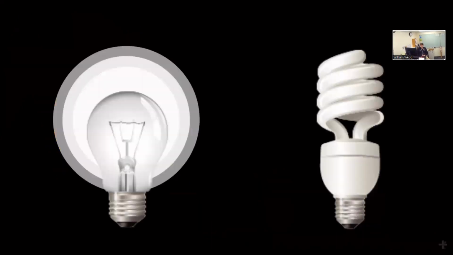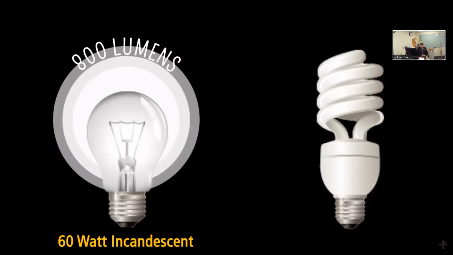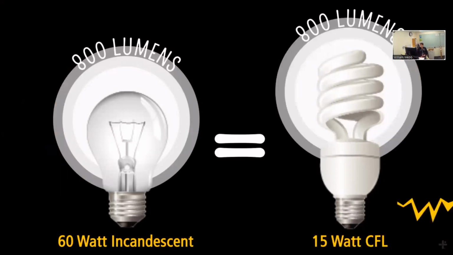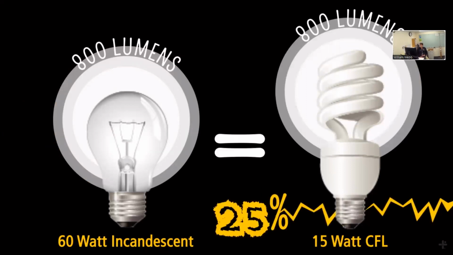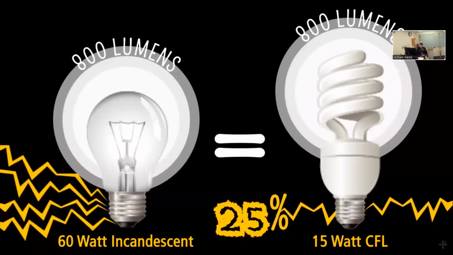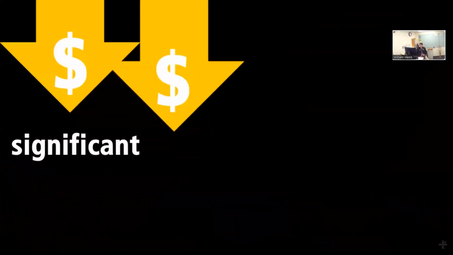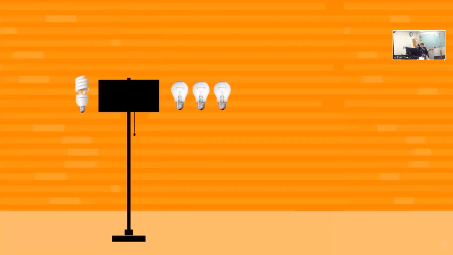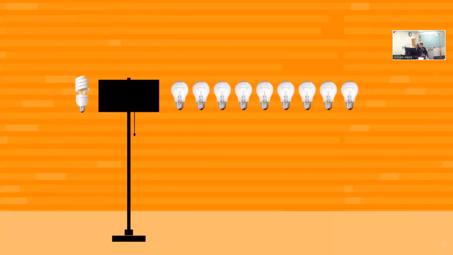For example, the light of a typical 60-watt incandescent bulb, about 800 lumens of light, can be replicated with just one 15-watt CFL bulb. This means that CFLs use only 25% of the energy to achieve the same results as typical incandescent bulbs, which equals a significant energy savings over time. Not to mention, they can last about 10 times as long too.